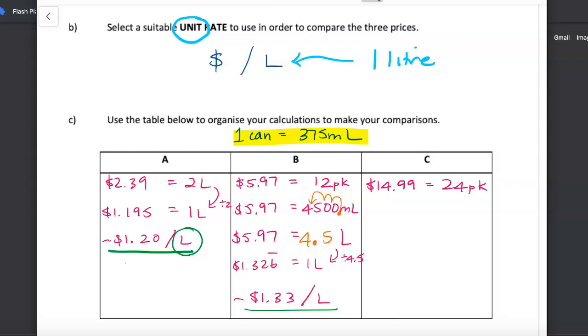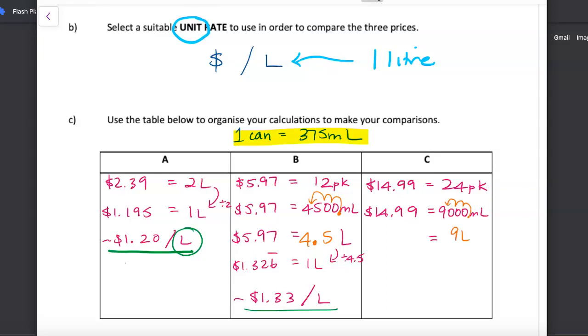Okay, so for a 24-pack, 24 times 375 is going to give us 9,000 millilitres, and that we paid $14.99 for. Now, 9,000 millilitres is exactly 9 litres.